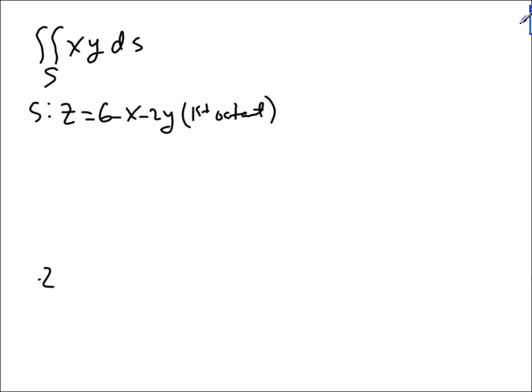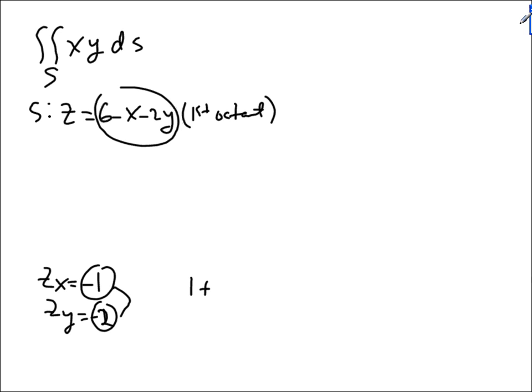Well, z sub x, the partial of this with respect to x, is negative 1. z sub y is negative 2. You square each of these, you get 1 and 4. And you do 1 plus that.